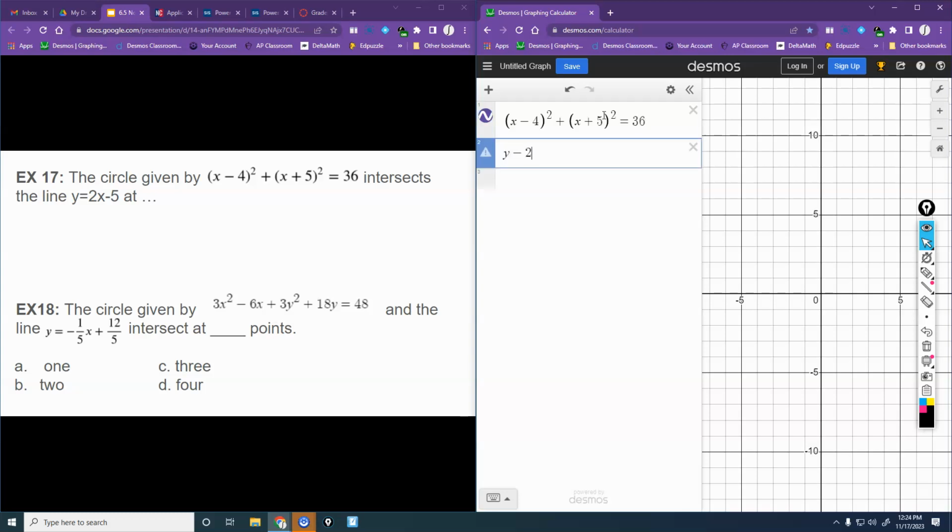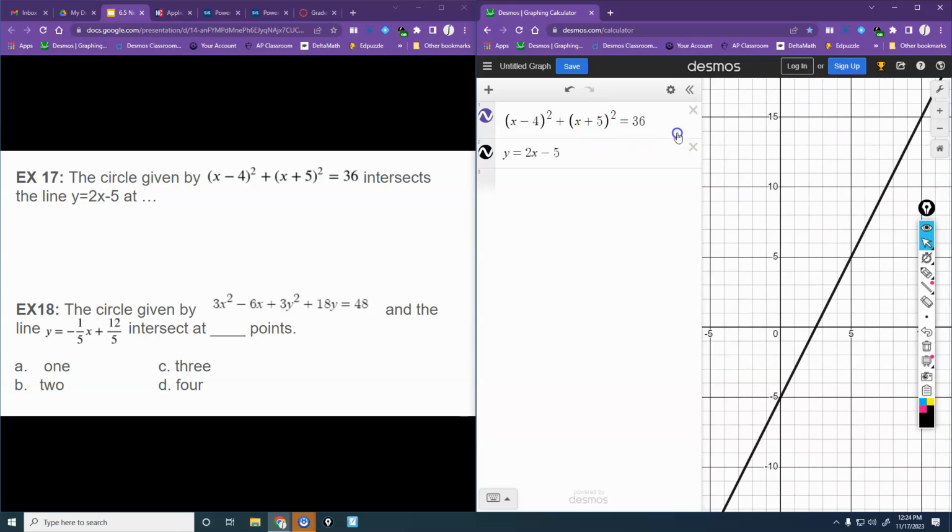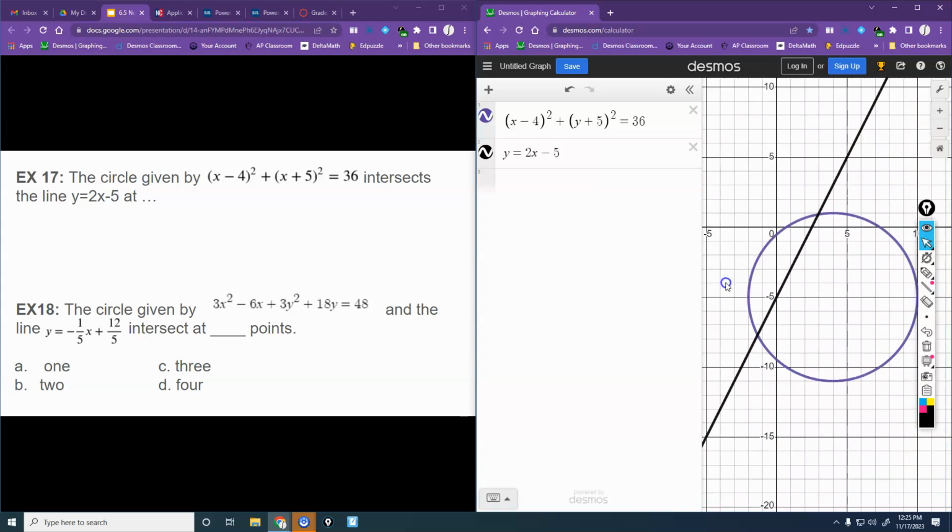Next line, y equals 2x minus 5. Right here, it is going to graph. Why is mine not graphing? I put the x twice. That has to be a y right there. There we go. And it wants to know where they intersect.